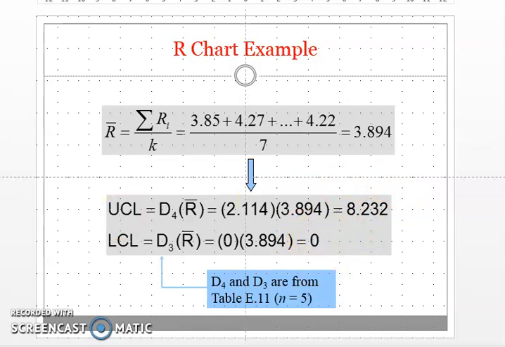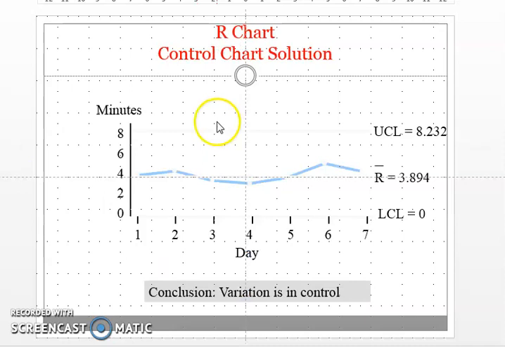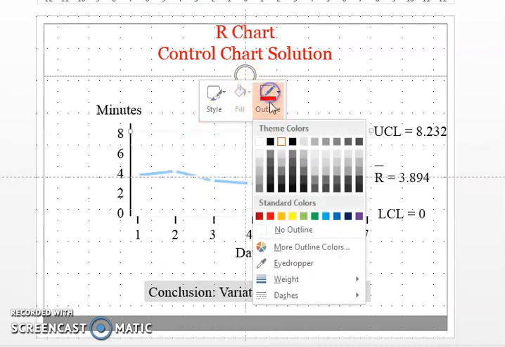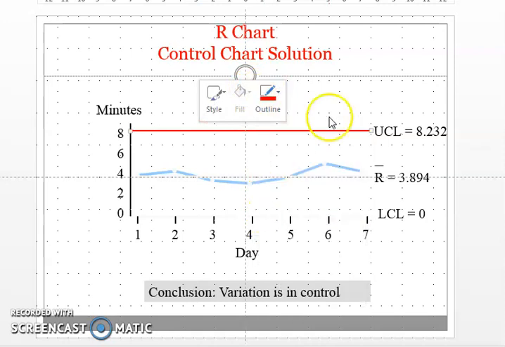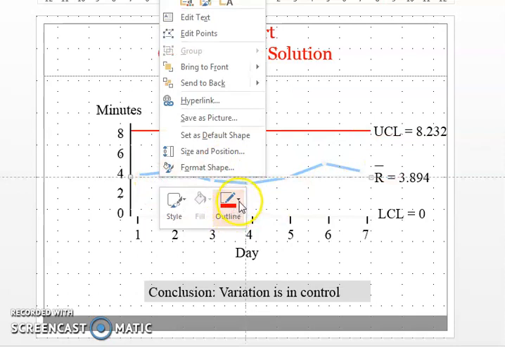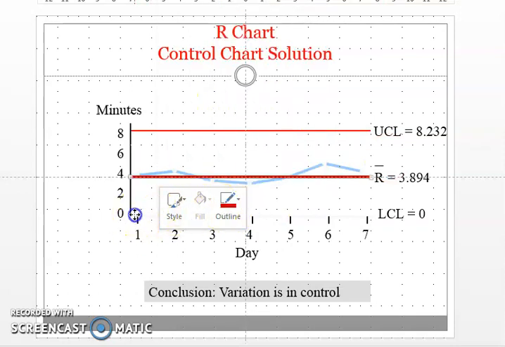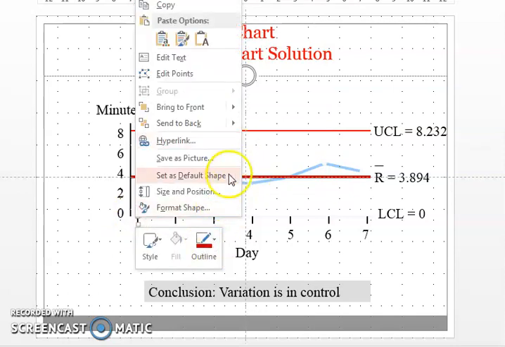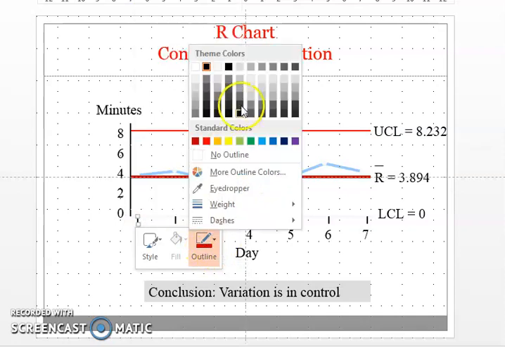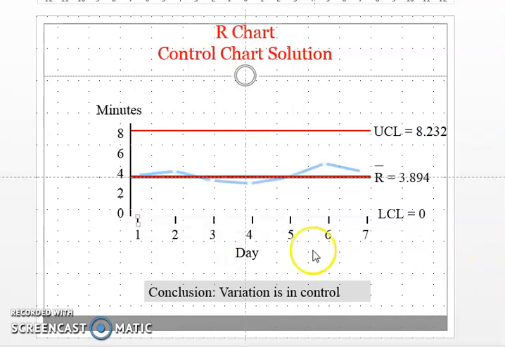Then you have to draw this: first the center line, then the upper control limit and lower control limit lines. Here the lower control limit is 0.